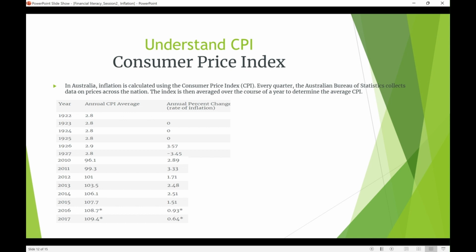So you can use this formula. Let's see the CPI in more detail. What was the CPI in 1925? It was like 2.8, and let's see how the inflation was. You can see the inflation goes up and down regardless of the CPI increase. So the CPI was 2.8 and inflation was zero, which is pretty good. And you may see in 1927 the inflation was actually negative, minus 3.5, which is pretty good if you're wealthy.